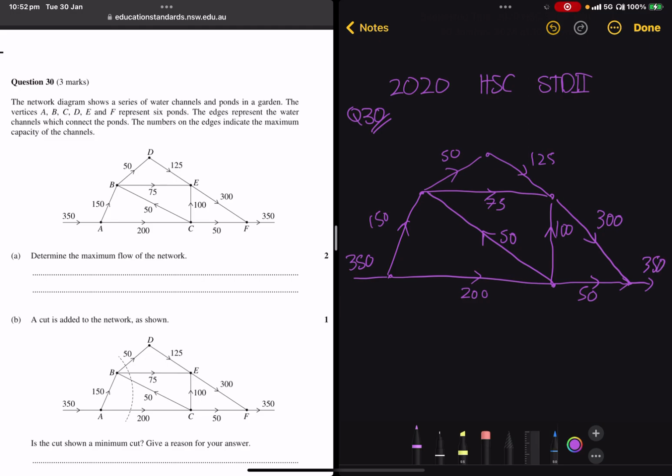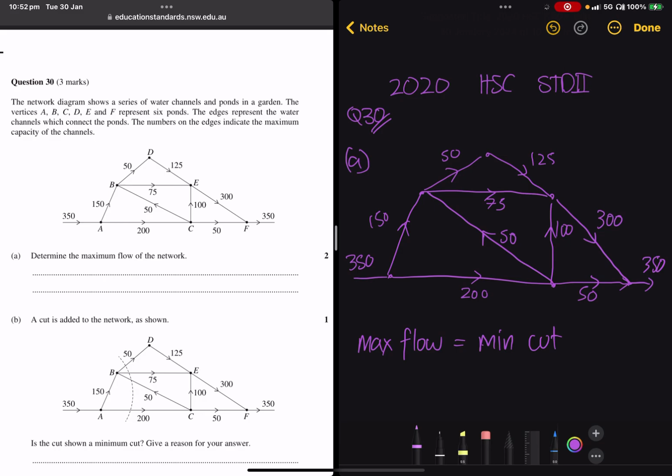So the question asks us, part A, anyway, asks us to determine the maximum flow of the network. Okay, so one thing you've got to remember, max flow equals min cut. So we need to do a whole bunch of cuts, find their values, and whatever the lowest value of any possible cut is, will be the maximum flow.